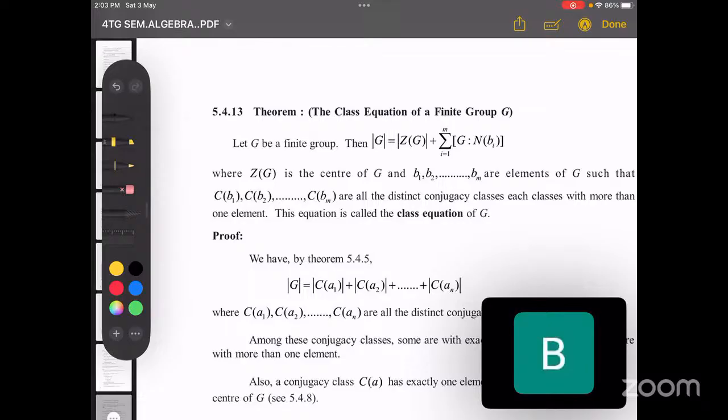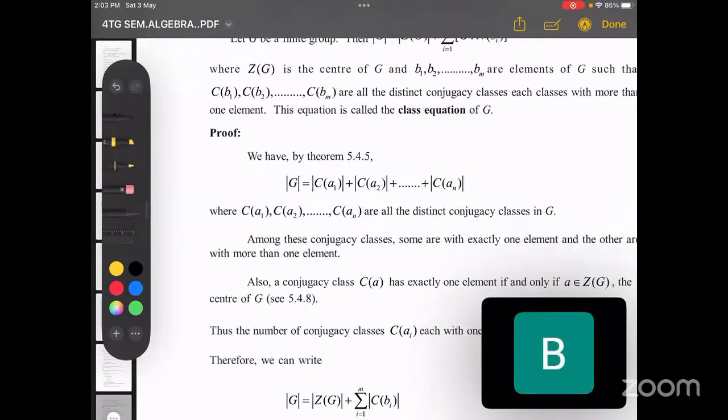This equation is called the class equation of G. So this is just the definition of the class equation. If the statement is given, almost this much length is there, no? So they will ask to state and prove the class equation.